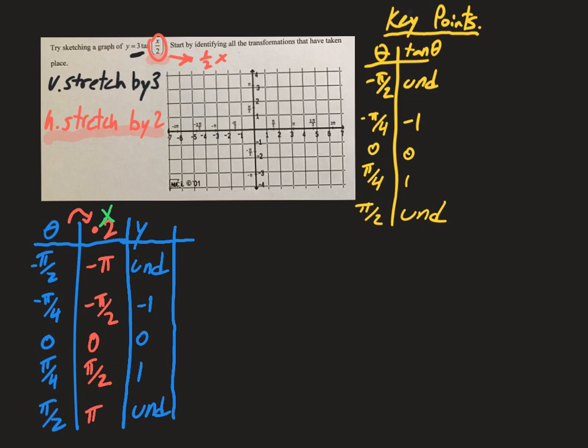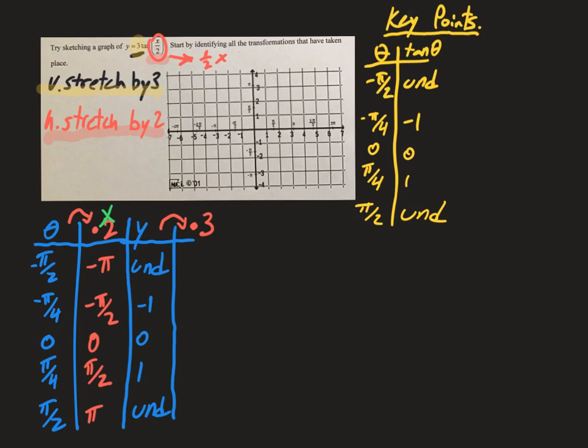We are being stretched by a factor of 3. So we're going to say we're going to be times 3. So that is my vertical stretch right here by a factor of 3. That's that a value in the front. So now we can fill these values in.